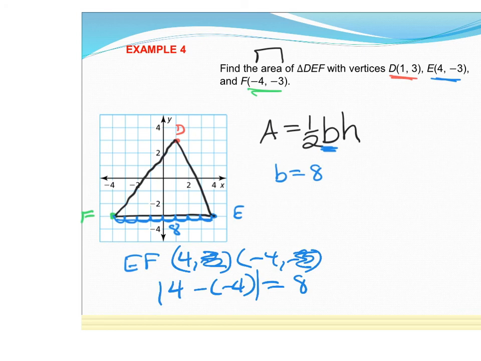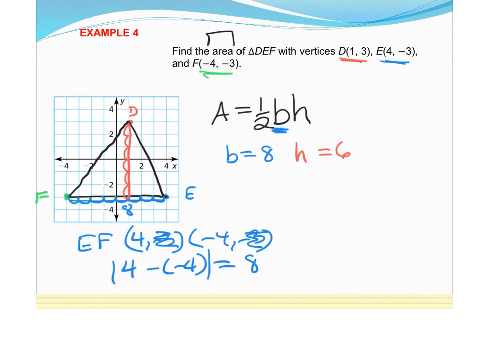Now, to find the height, I'm going to draw in the line that goes straight down, and for this one, I'm just going to count the squares. 1, 2, 3, 4, 5, 6. It has a height of 6.